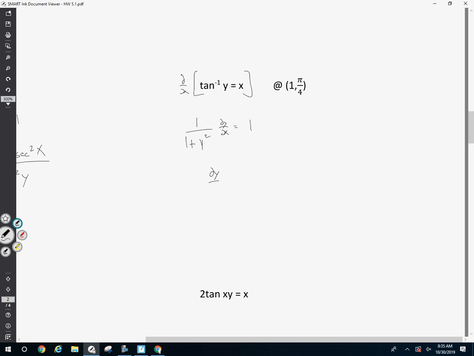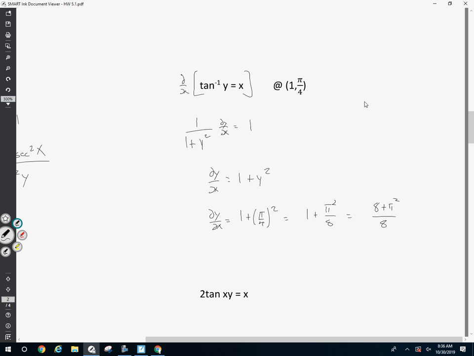I'm going to multiply by 1 plus y squared. It ends up just being 1 plus y squared. So at pi over 4, 1 plus pi over 4 squared, which is 1 plus pi squared over 16. If you want to write it as 16 plus pi squared over 16, you could do that.